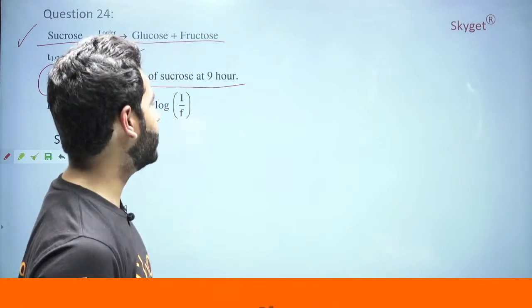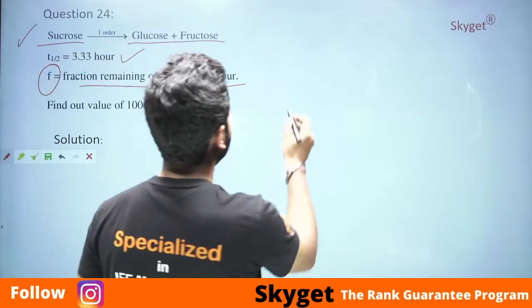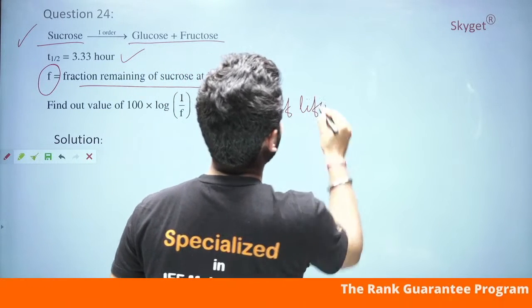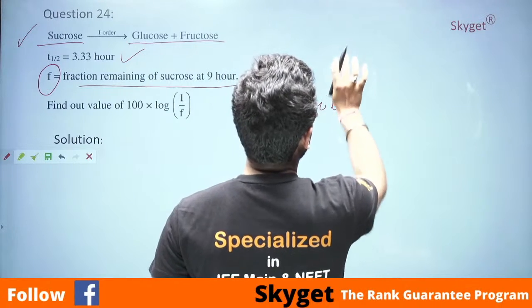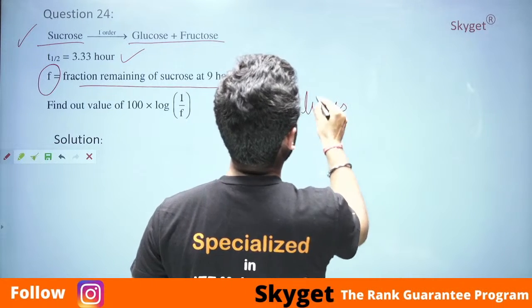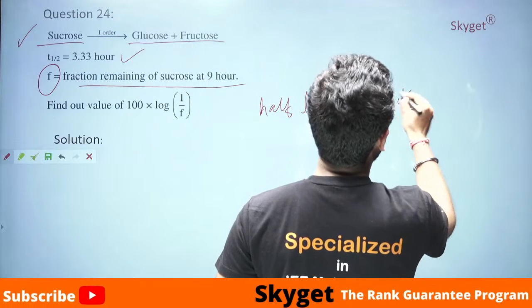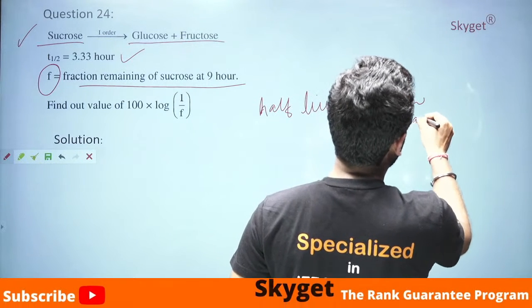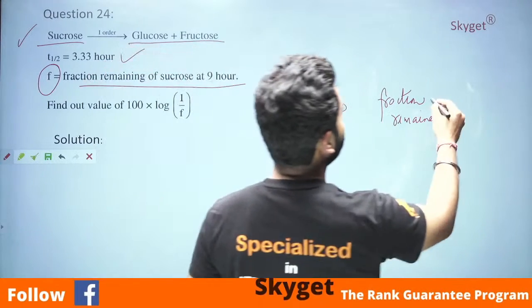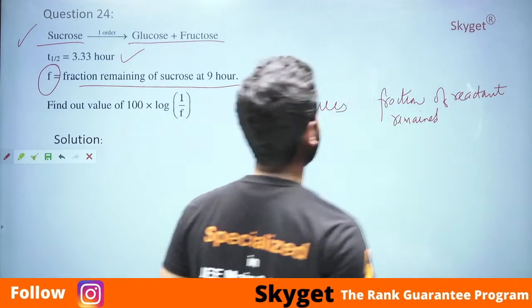So suppose this is half-lives elapsed, and this is fraction of the reactant remained.